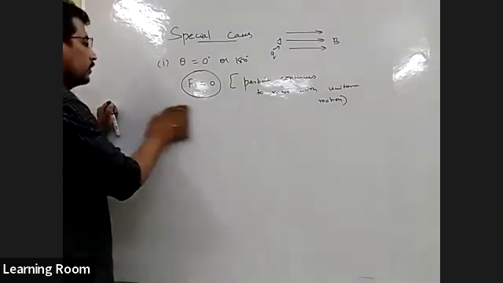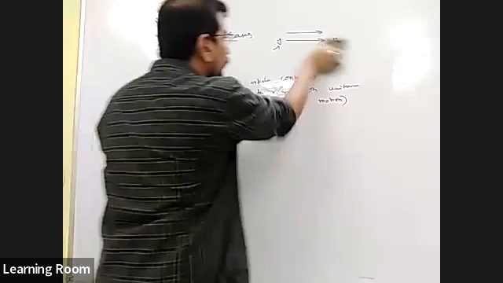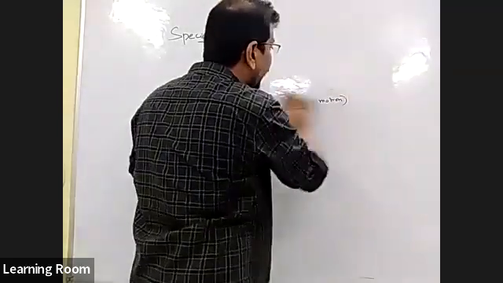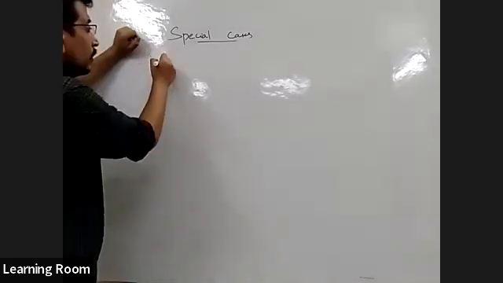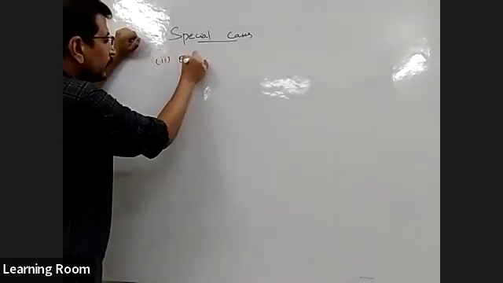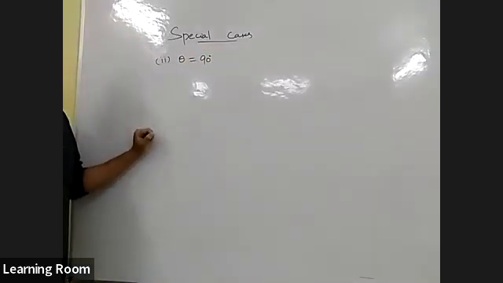The next one is, what happens if theta is equal to 90 degrees? Okay. Second case is, what if theta is equal to 90 degrees? Listen to this carefully.